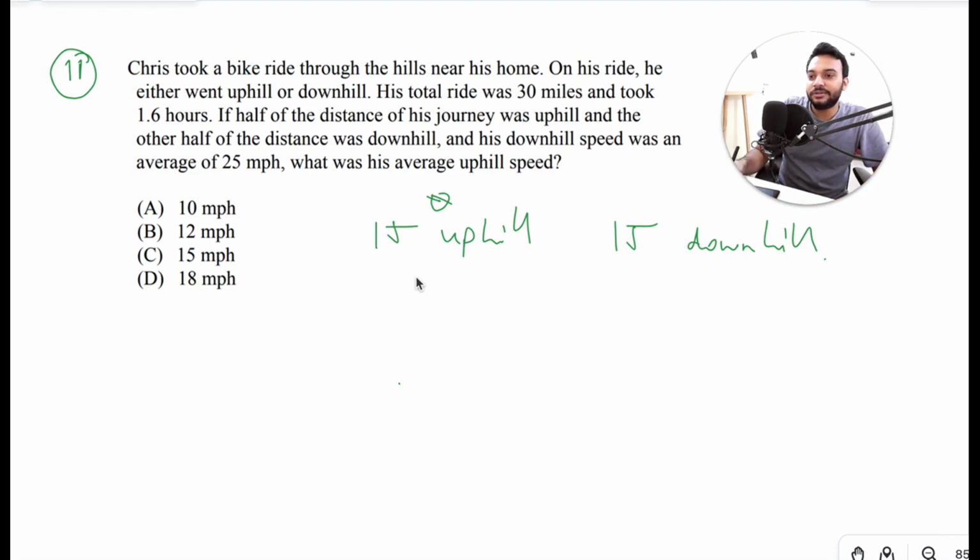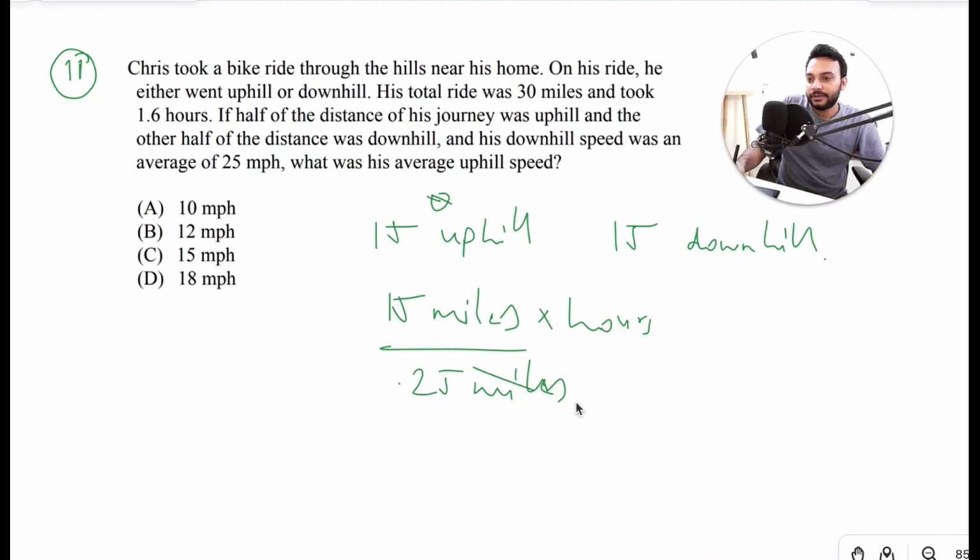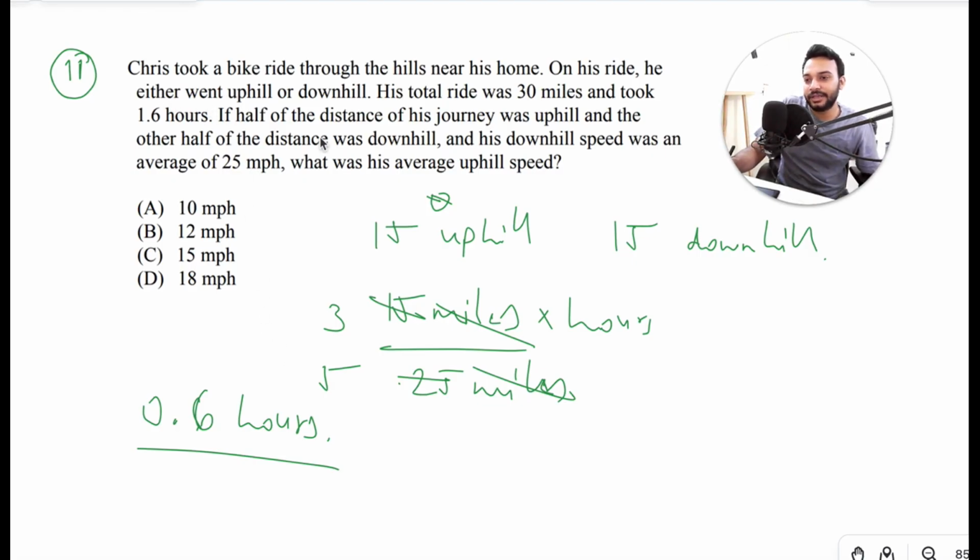So time is equal to distance, 15 miles, over speed, 25 miles per hour. So this is 0.6 hours he took for the downhill journey. So how much time is left? 1 hour for the uphill journey.